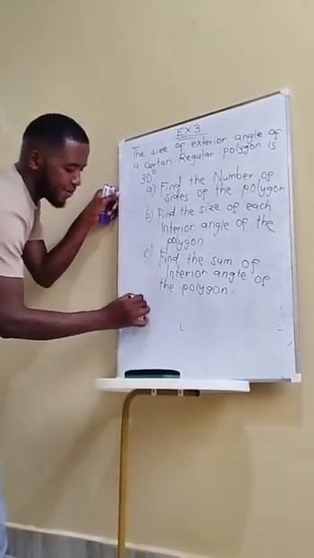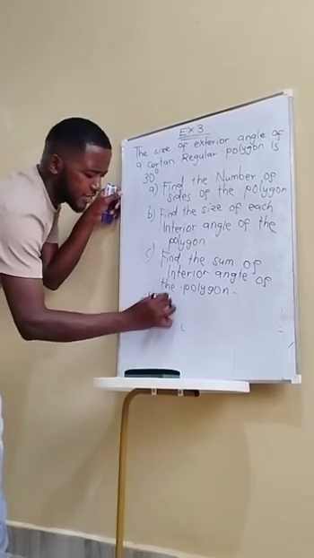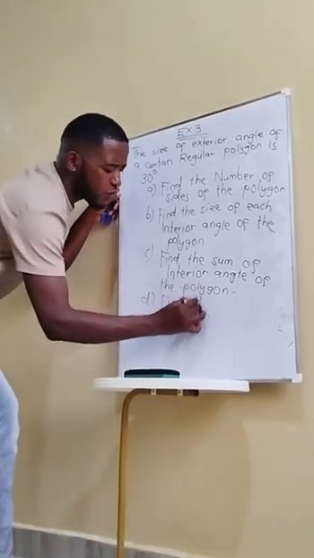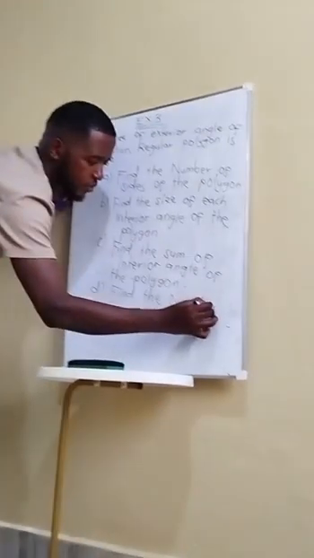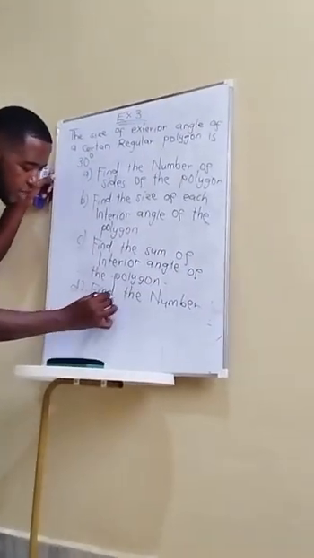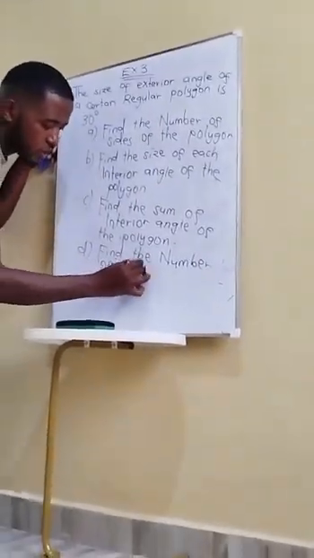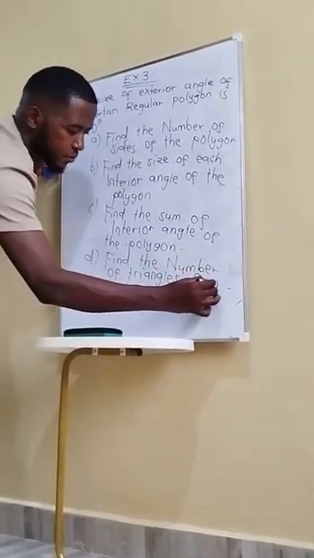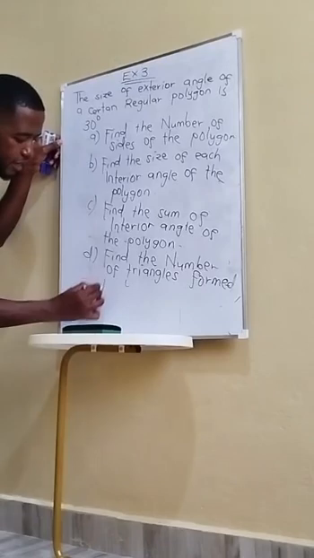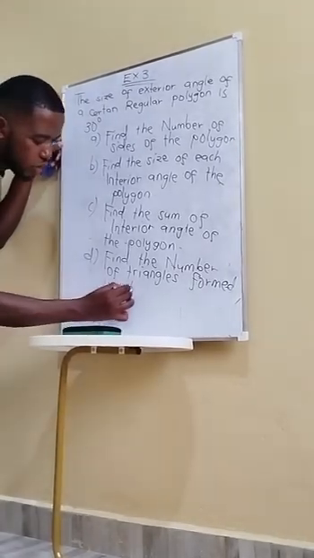And finally, D, find the number of triangles formed by the polygon.